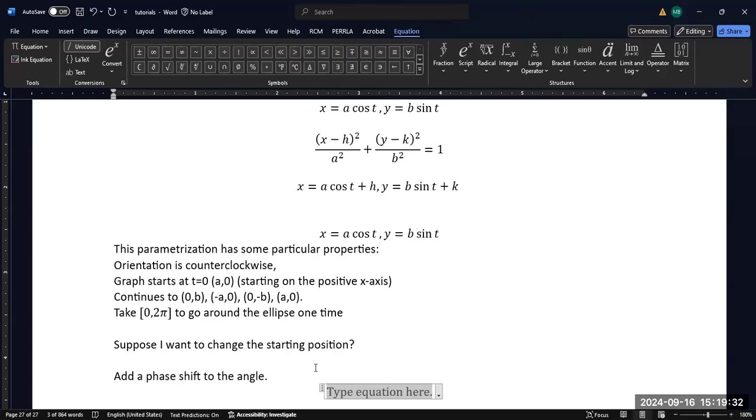So if I wanted to start at the positive y-axis, that's 1/4 of the way around the ellipse. And so I would add pi over 2, so x is a cosine of t plus pi over 2, and then y is equal to b sine of t plus pi over 2. I have to add the same phase shift in both coordinates.